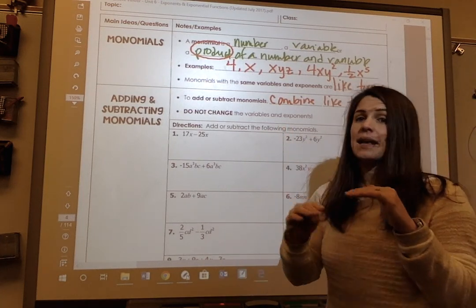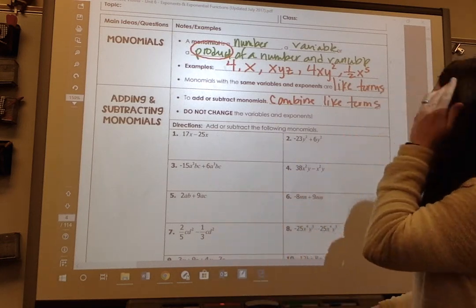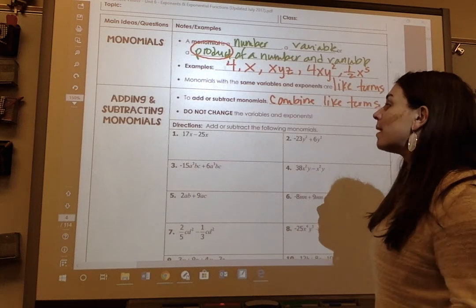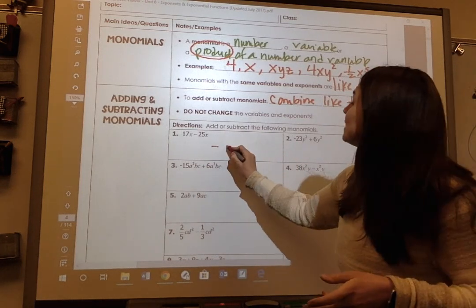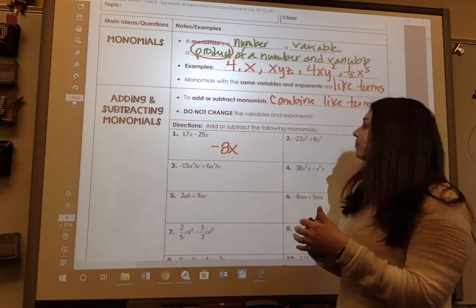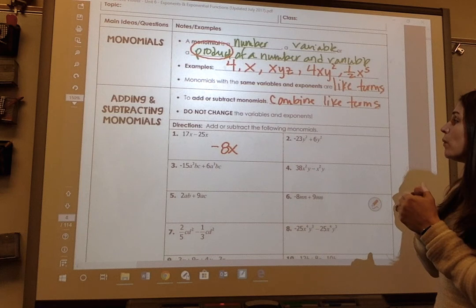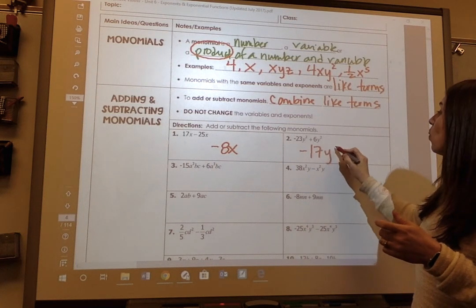That stays the same. You cannot be changing them. You're simply combining them. So if we look here, 17x minus 25x, that is negative 8x. Notice my variable doesn't change. I'm just combining them. Negative 23y squared plus 6y squared is negative 17y squared.